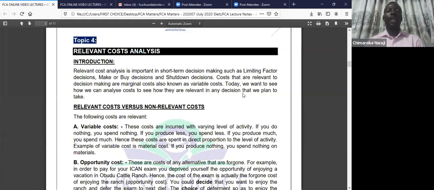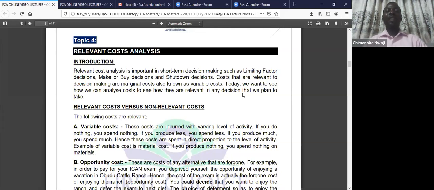You see, the last topic I taught you was limiting factor decision. You will need relevant costing analysis to be able to really understand that. Also, we have make or buy decisions, which is something you will learn soon, and shut down decisions.